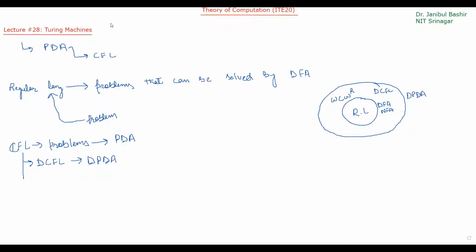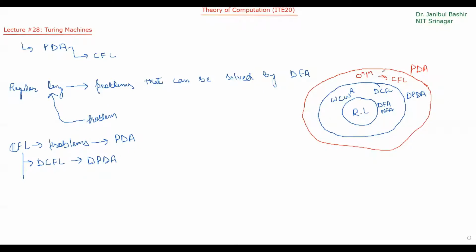Now, on top of these, we have problems of this type, 0 raised to the power n, 1 raised to the power n, that correspond to context-free languages, and these are solved by a pushdown automata. So up to this point, we have completed this.